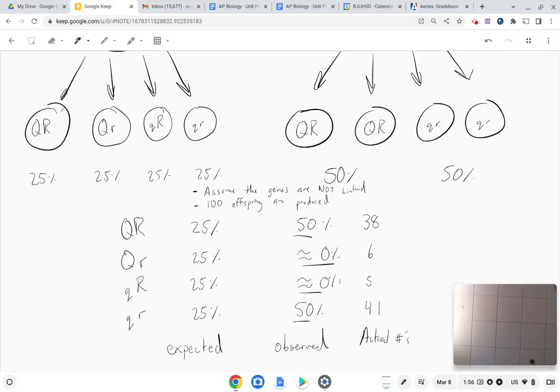Okay, now the reason for that is that in some cases the alleles did manage to separate because of crossing over.